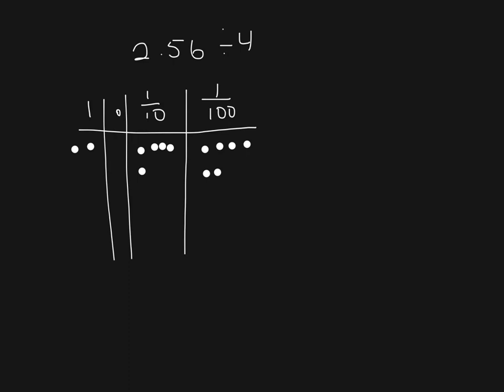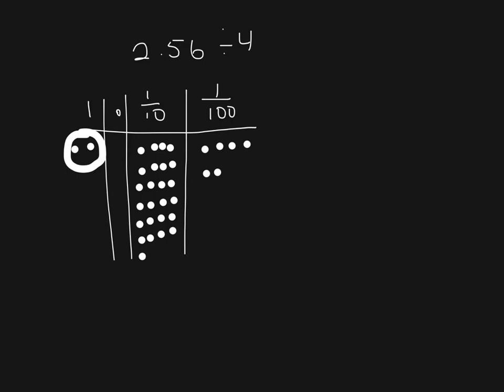So I'm going to turn the 2 in the ones place into 20 in the tens place. So now I should have 1, 2, 3, 4, 5, 6, 7, 8, 9, 10, 11, 12, 13, 14, 15, 16, 17, 18, 19, 20.